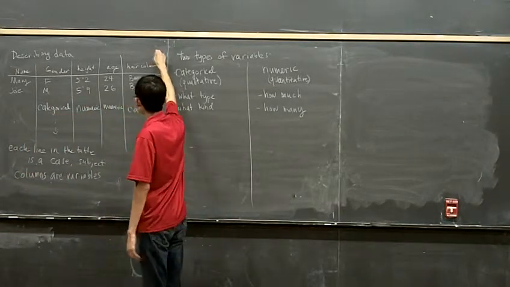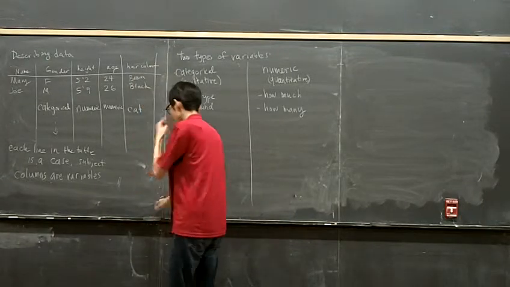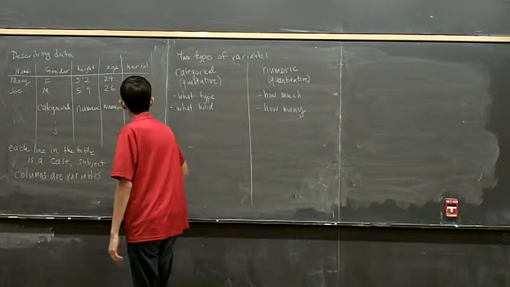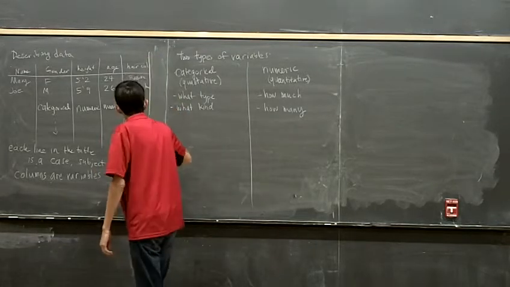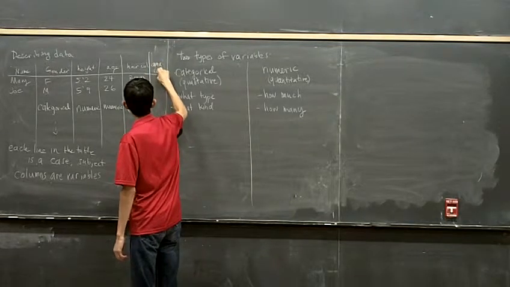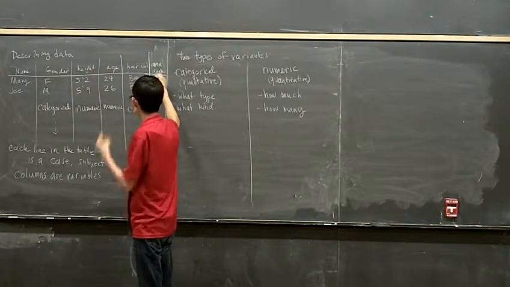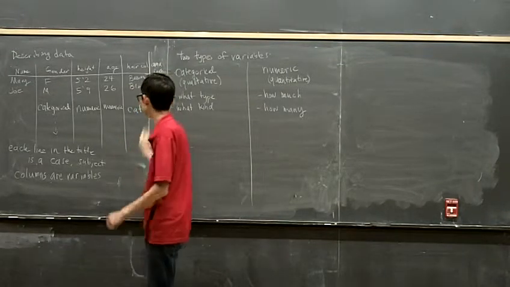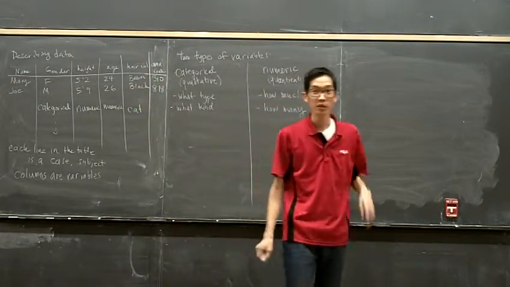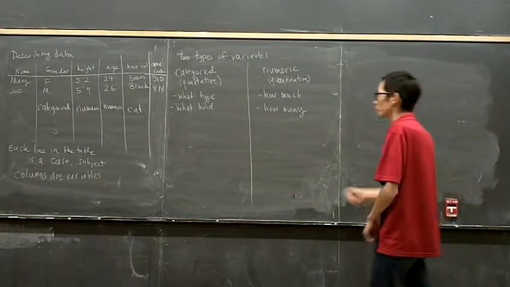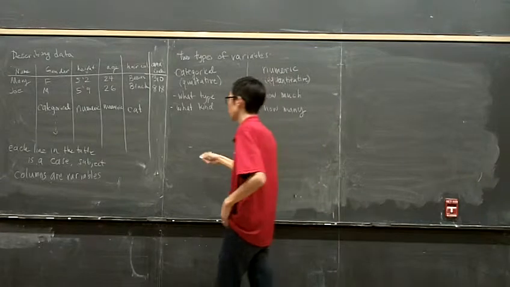What if I added another column over here, and we said, what is your area code? And Mary says, I live in 310, and Joe says, I'm in 818. That's categorical. There's a number, but it doesn't tell you how much or how many.